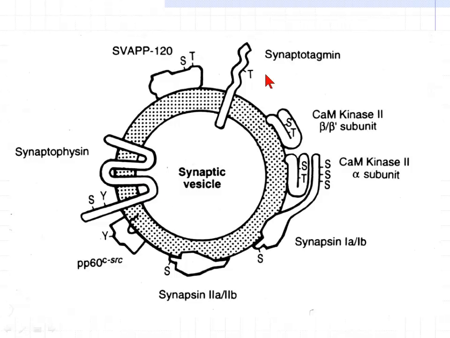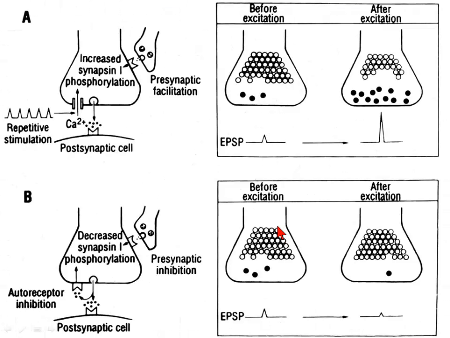And the explanation, we think, comes from studies pioneered by Paul Greengard and his colleagues, related to the functionality of other vesicular proteins, and particularly this one, synapsin-1, which is a protein located on synaptic vesicles, and which regulates the binding of the vesicle to actin filaments in the presynaptic terminal, and thus putting those vesicles that are bound to actin into what's known as the reserve pool of synaptic vesicles.